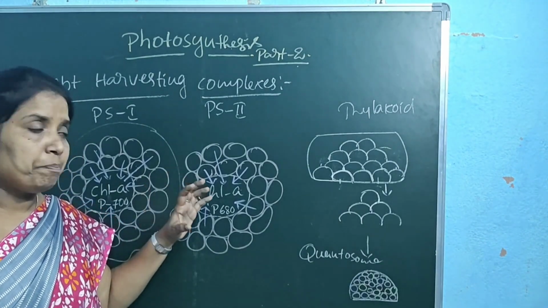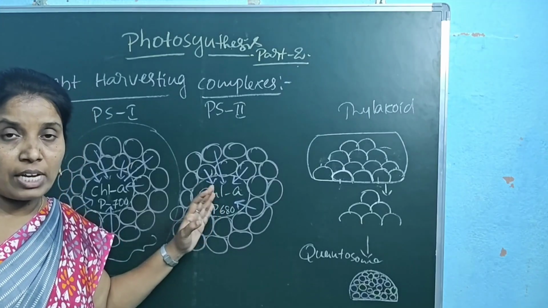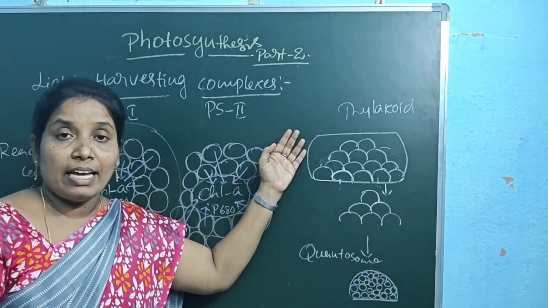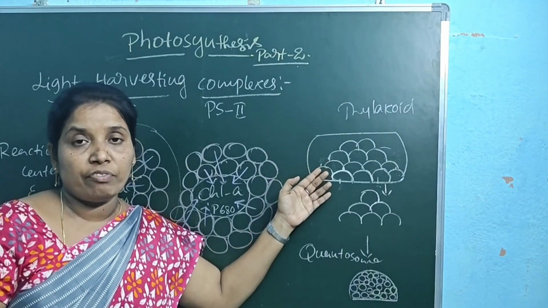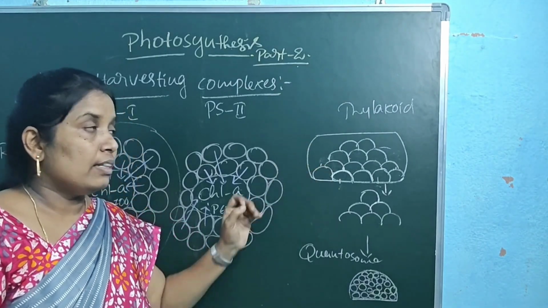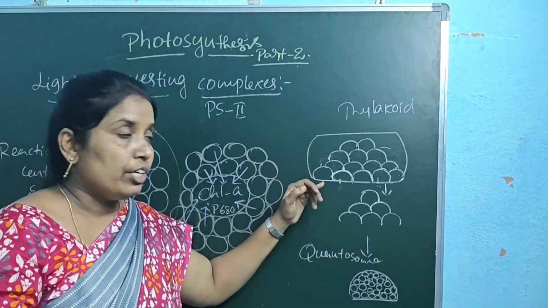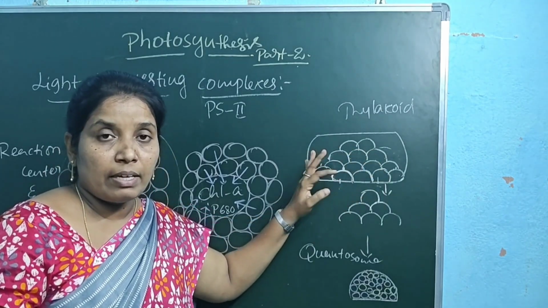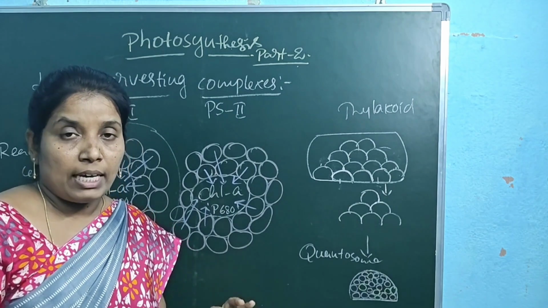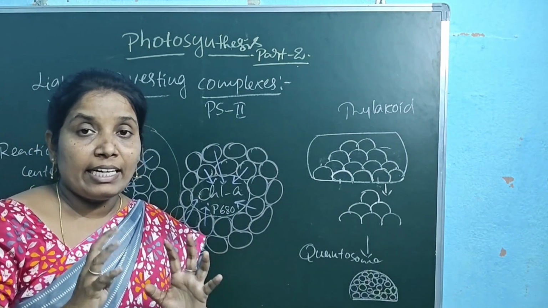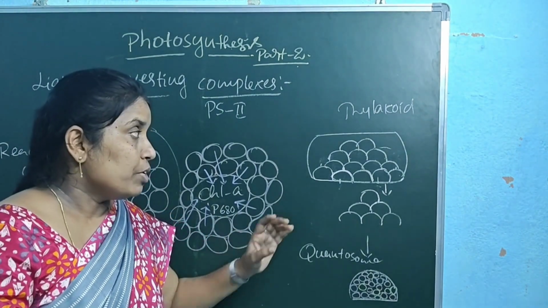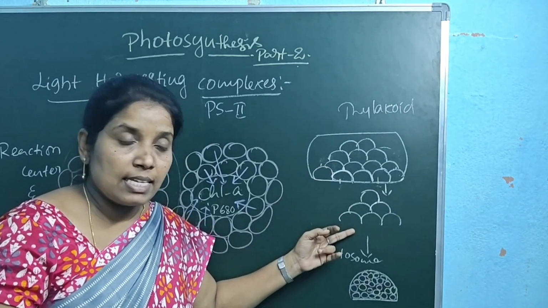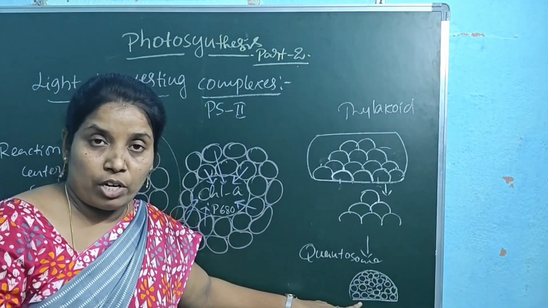The pigment molecules such as xanthophylls, carotenoids, chlorophylls are located on the membrane of thylakoid. If you see the membrane of thylakoid, you will find these photosynthetic subunits, nothing but quantosomes. Each quantosome is a light harvesting complex. If you see the light harvesting complex, it consists of so many pigment molecules.